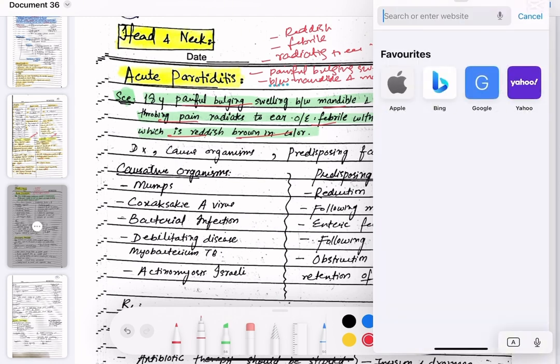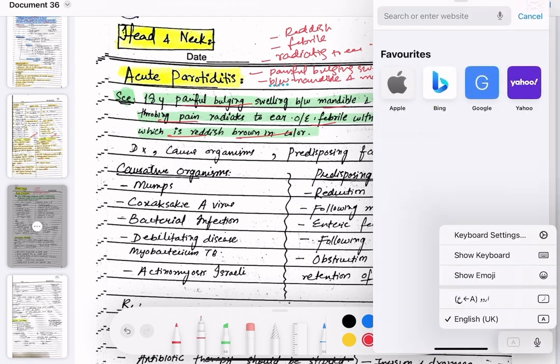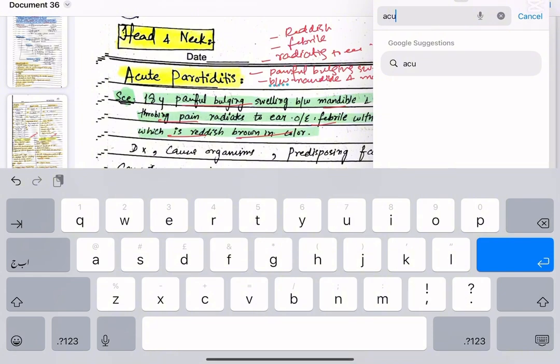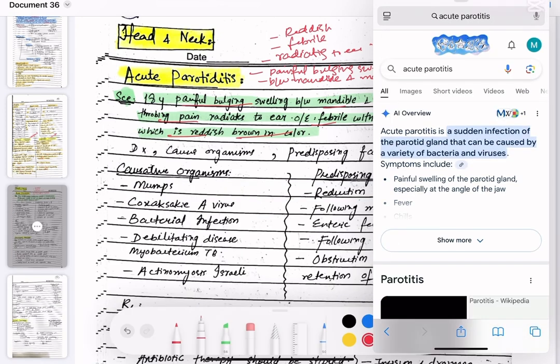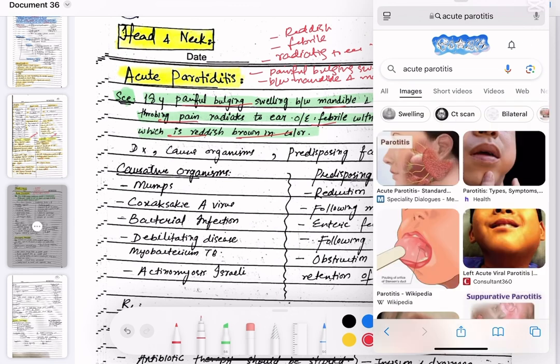Okay, let me search acute parotitis. This is the parotid gland and this is the swelling.